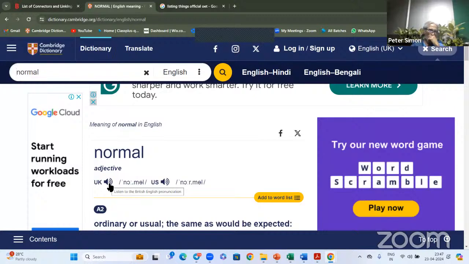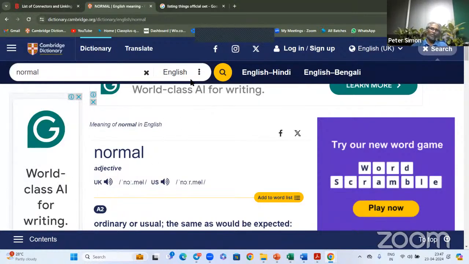Then B2 from 300 to 350. C1, yeah, 350 to 450. C2, 450 plus. A2 is a very ordinary vocabulary.